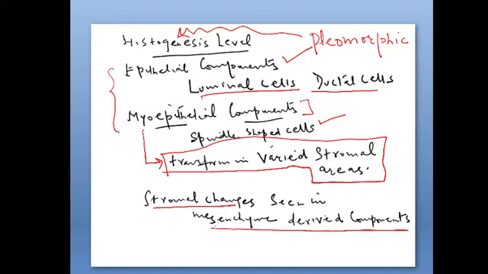So again, we prove that the diversity of pleomorphic adenoma is on the basis of various histopathological components which are seen both at histology level and at histogenesis level.